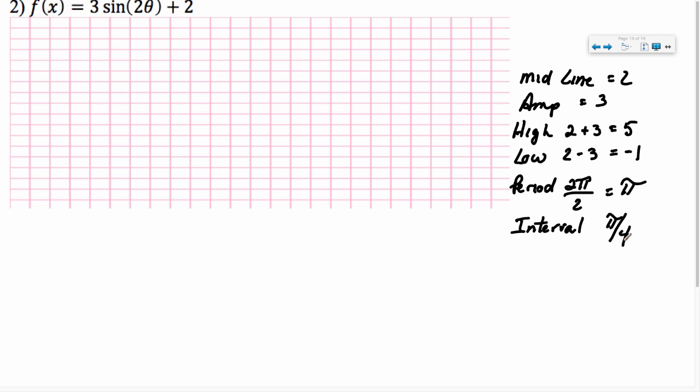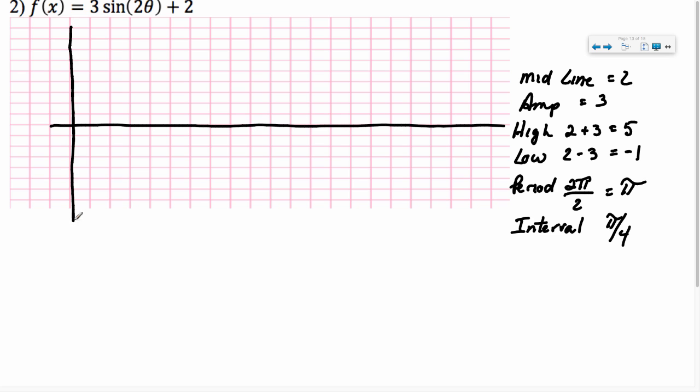Okay, so if I'm going up to 5 and down to negative 1, maybe I'll be a little bit lower, like this. 1, 2, 3, 4, 5. 1, 2, 3. That's my high and my low. Oh, sorry, negative 1. My bad. Not negative 3.